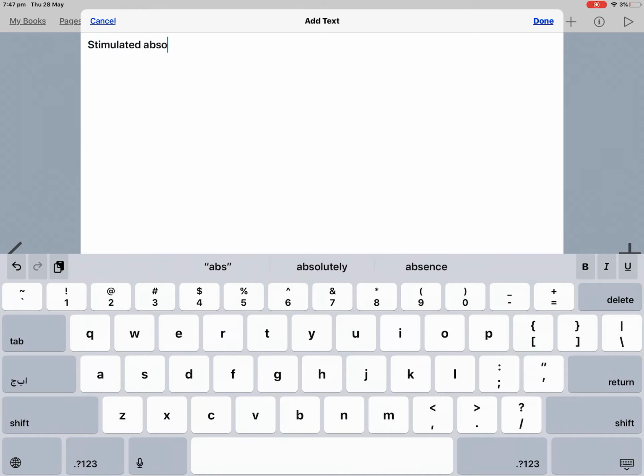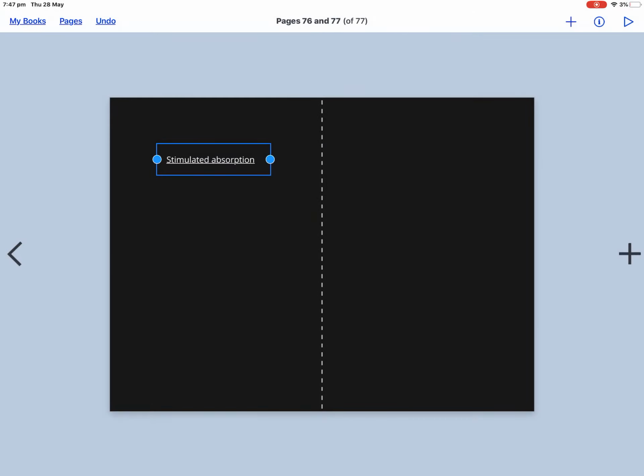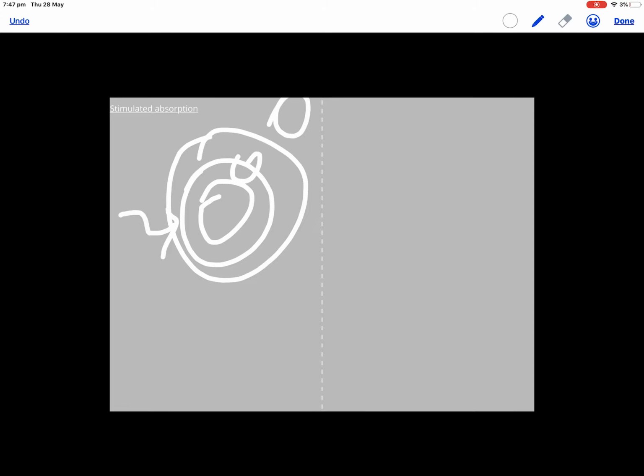Stimulated absorption. So when you send a photon to make an electron go into the excited state, you have to figure out which energy.